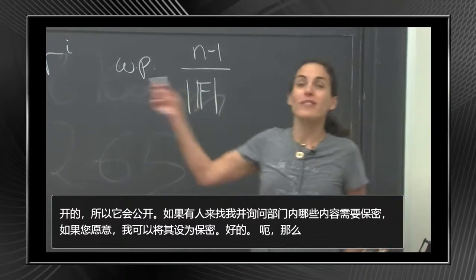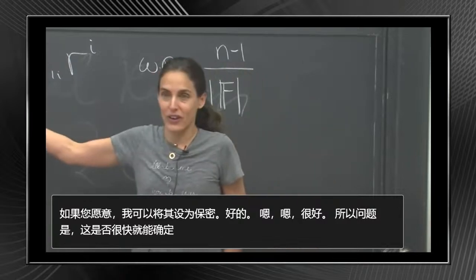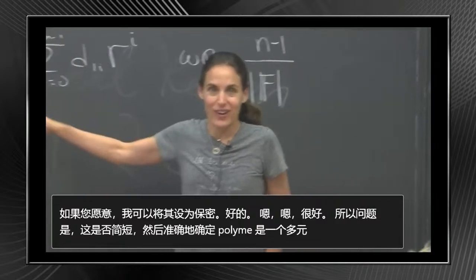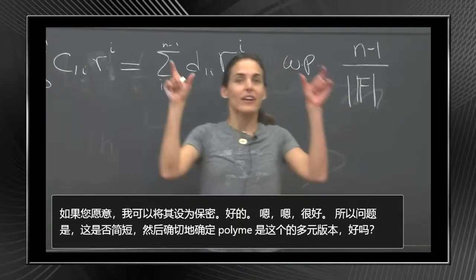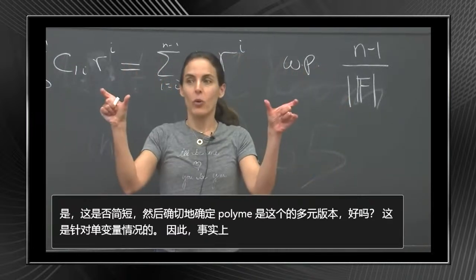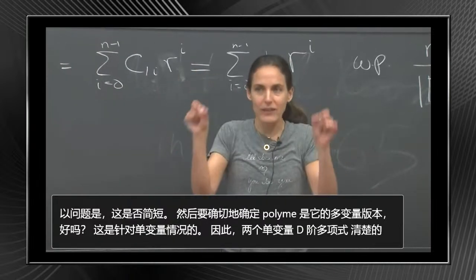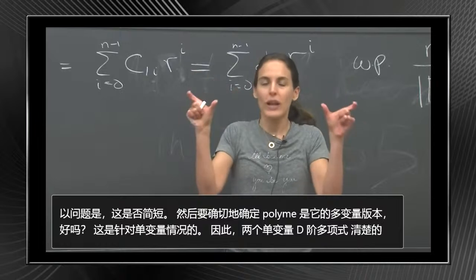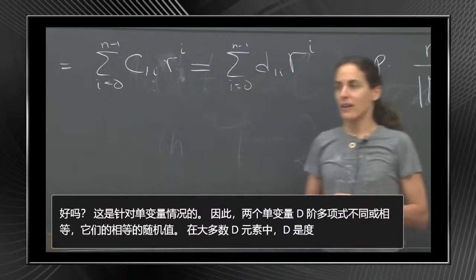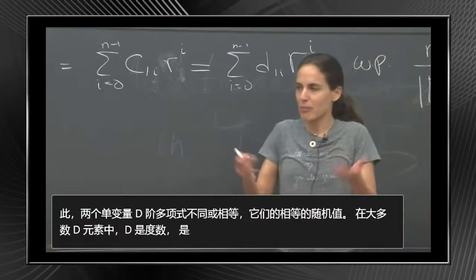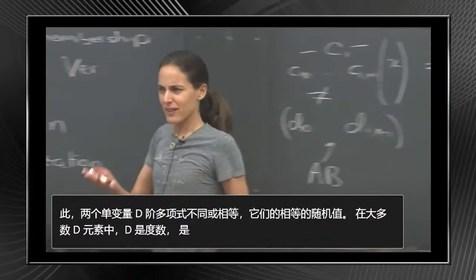Good. So the question was, is this the Schwarz-Zippel lemma? And the answer is that the Schwarz-Zippel lemma is a multivariate version of this. This is for the single variate case. The fact that two distinct univariate polynomials of degree d are equal on at most d elements, d being the degree, is from some basic theorem of mathematics.